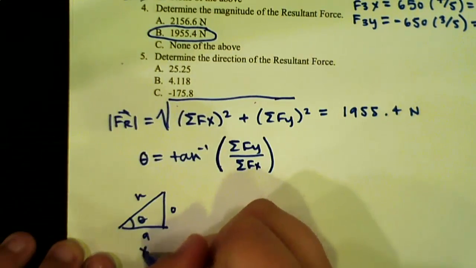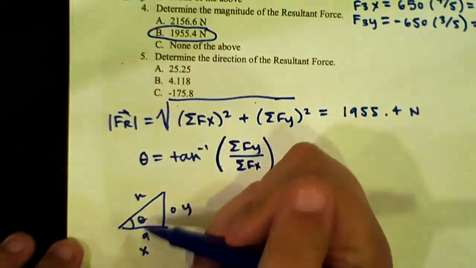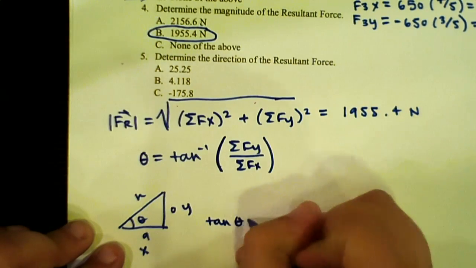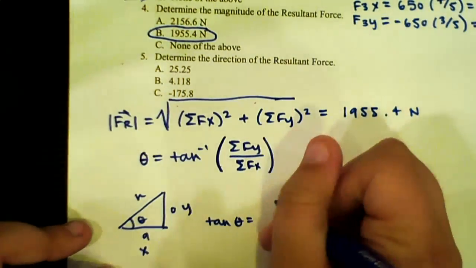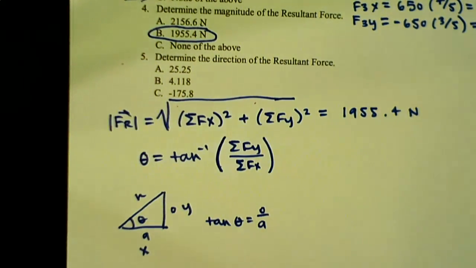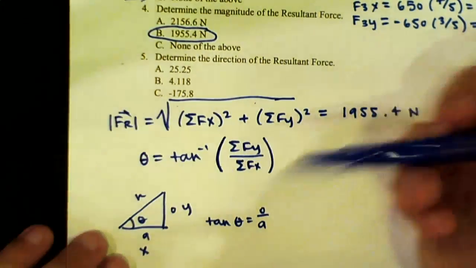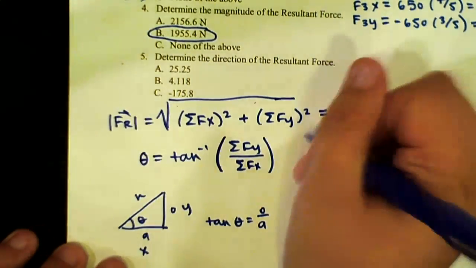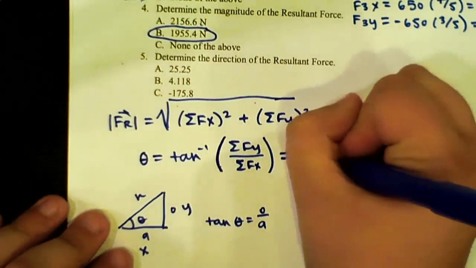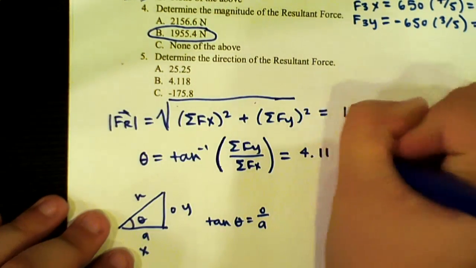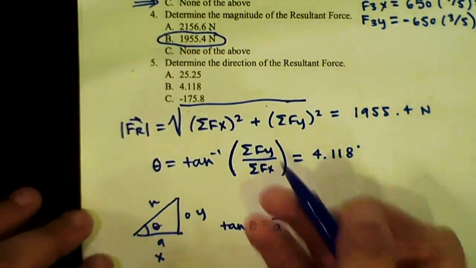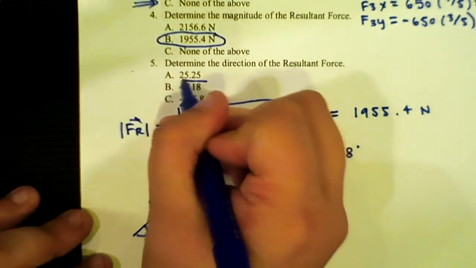This is also like x, y, and whatever. You know that tan theta is equal to opposite over adjacent. So in order to do the tan inverse, it would just be y over x. So in order to find theta, we find that it is equal to 4.118 degrees, which is B in this case.